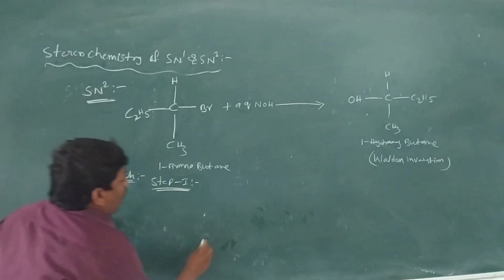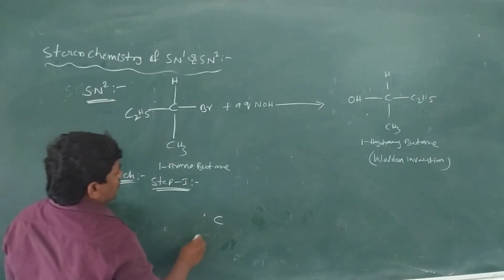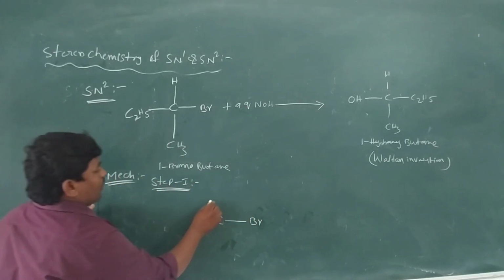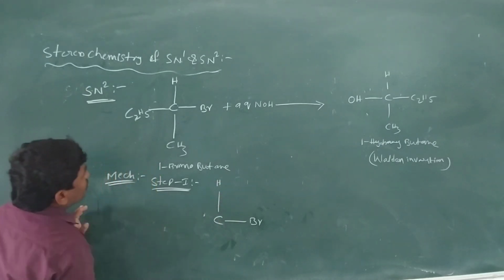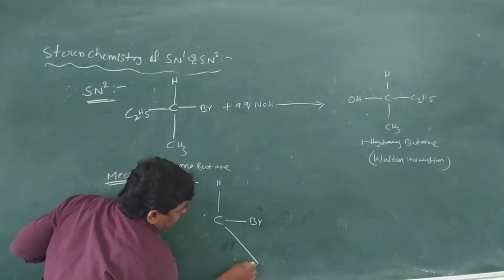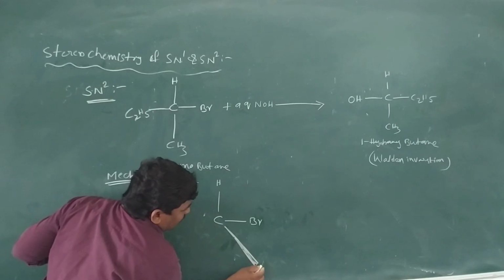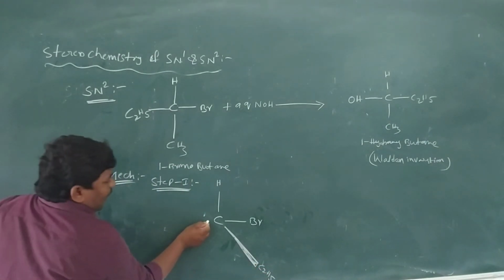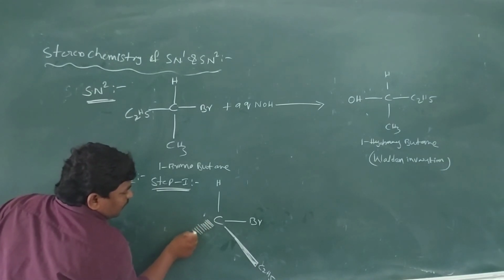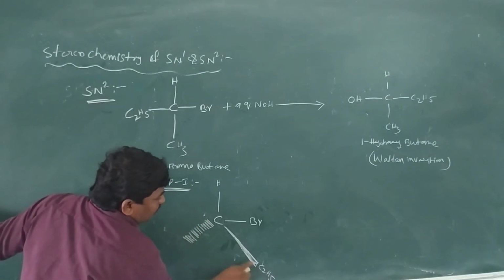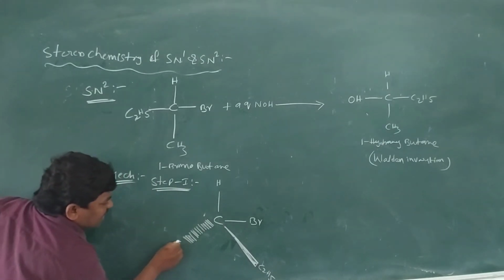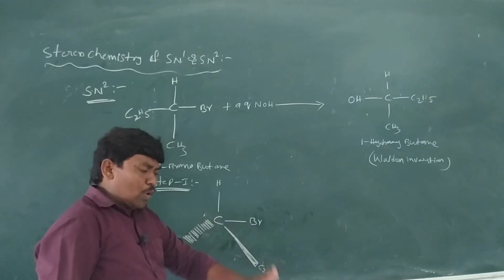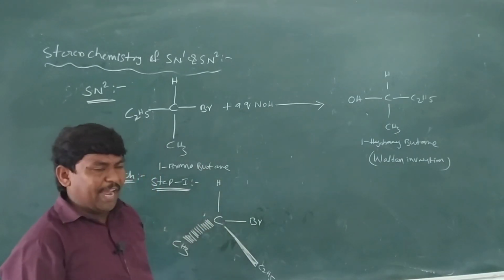First of all, carbon with Br, H, and C2H5. The dark line means front side, the dotted line means back side. Bromine is above the plane, hydrogen below the plane.